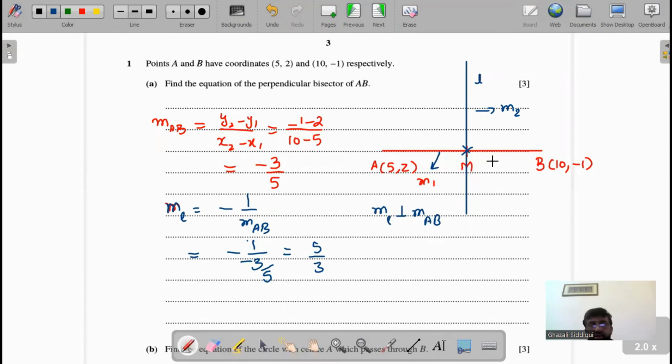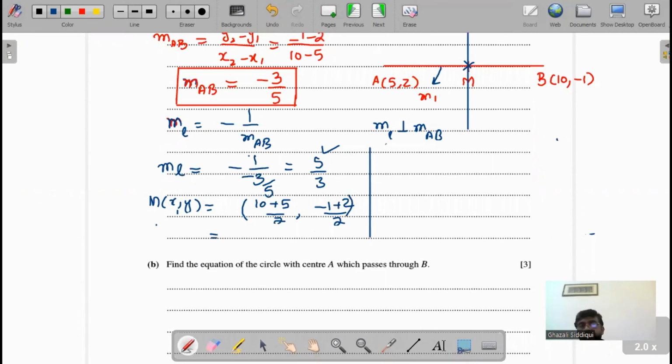This point is the midpoint between A and B. The midpoint is ((10 + 5)/2, (-1 + 2)/2). We name the midpoint (x1, y1). That value will be equal to (15/2, 1/2).